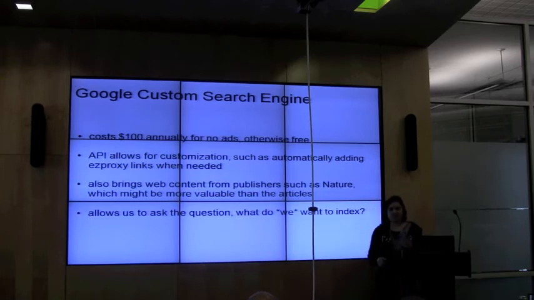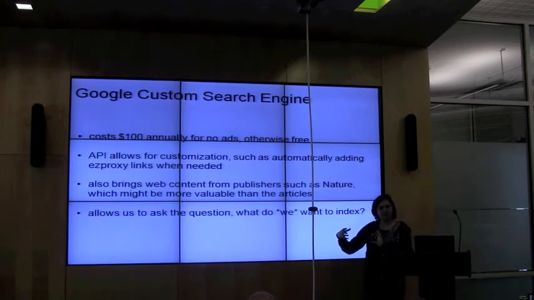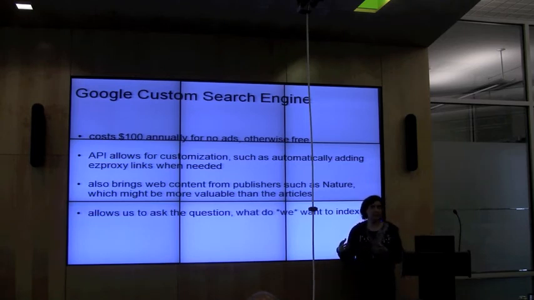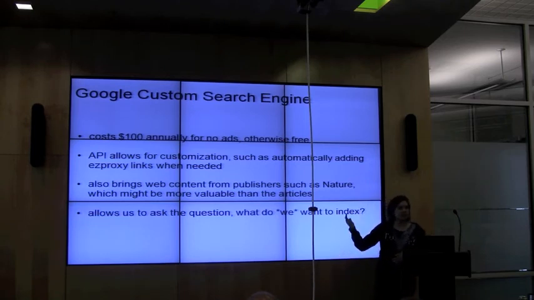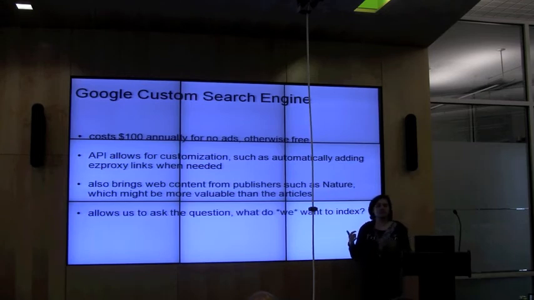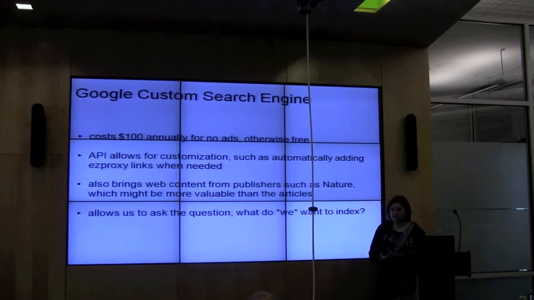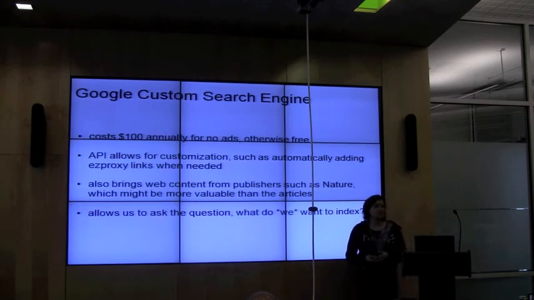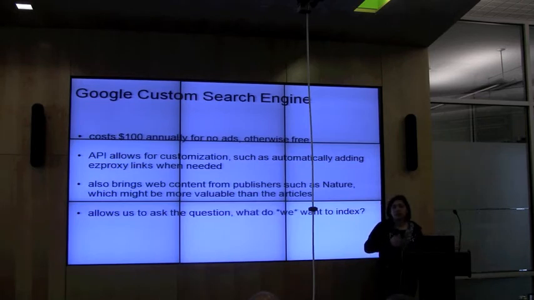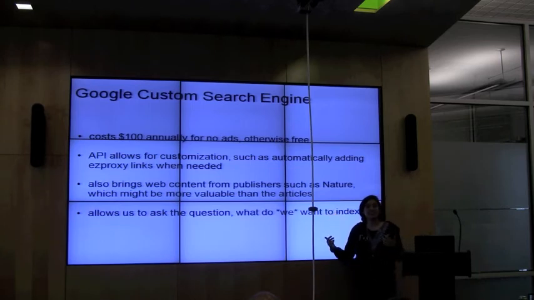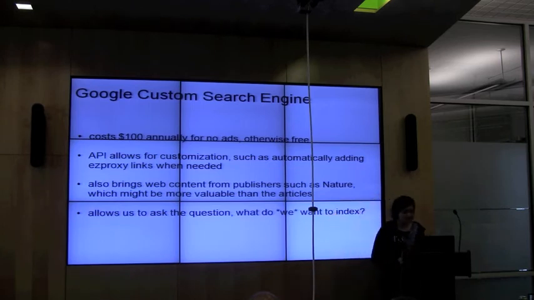The other thing we noticed was that in our small subset of our CSE, we use Nature and Science. Nature and Science have some fabulous web resources. They're not formally journals, but because they're part of science advocacy, they have a great collection of climate change articles on their webpage that are really wonderful. They're great undergraduate resources. How do you surface web content that's not technically a journal, but still quite reputable?